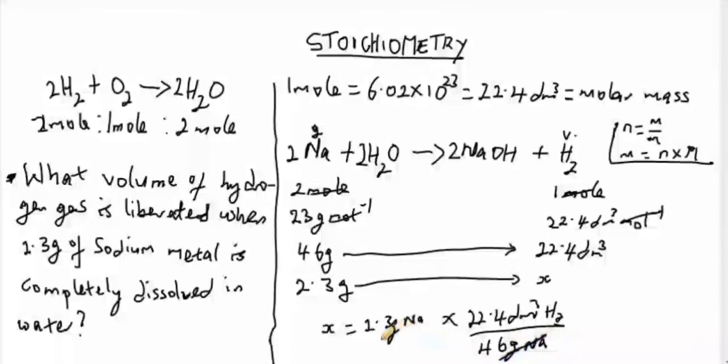Grams of sodium cancels grams of sodium. That should give us a total of 1.12 dm cube of hydrogen gas, which is the unit left here.